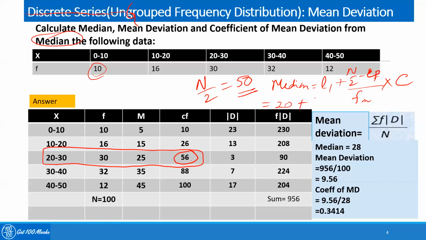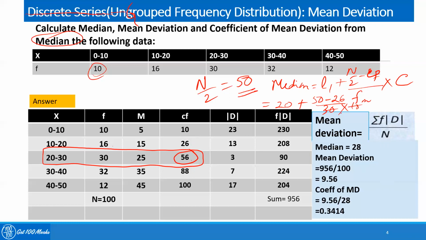Plus n by 2, which is 50, minus CF, the cumulative frequency of the previous class of the median class, which is 26, divided by the frequency of the median class, which is 30, and then we multiply by the common width, which is the gap of the interval, which is 10.